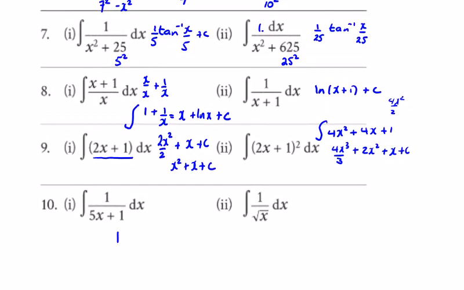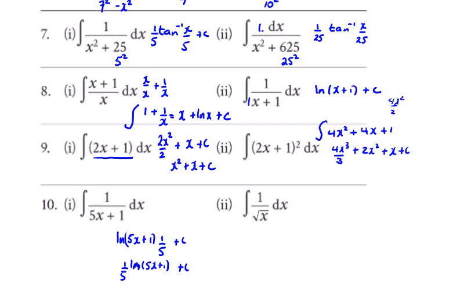1 over 5x minus 1 goes to the natural log of 5x plus 1. And maybe I should have introduced it earlier. We had it in an example, but you definitely differentiate the x part 2, so that's times 1 over 5. So we get 1 over 5 times the natural log of 5x plus 1 plus c.